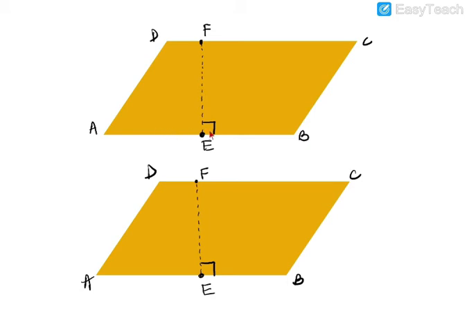If you are not able to understand the folding method, you can simply keep your protractor here at point E and construct a 90-degree angle. The idea is to get FE perpendicular to AB at the midpoint of AB. And in both parallelograms, you have to follow exactly same steps.